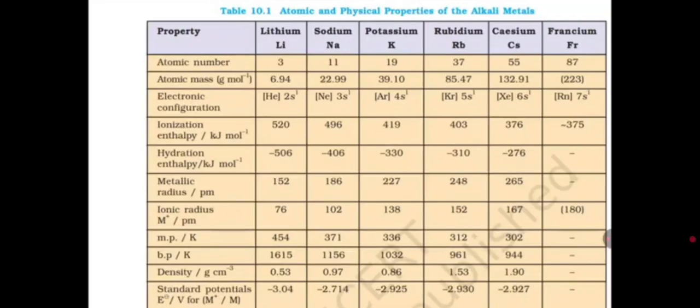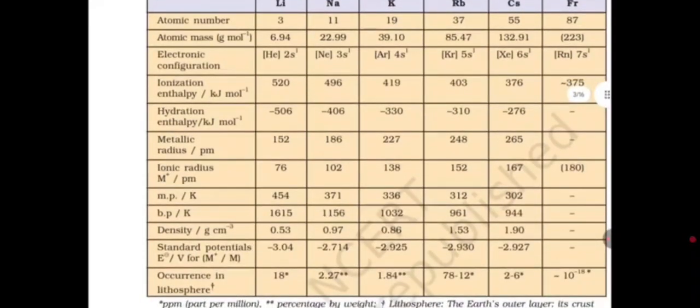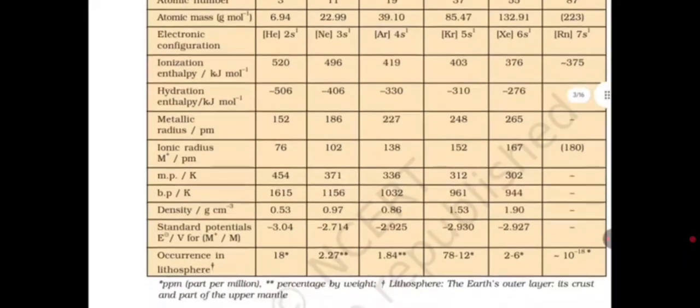If we talk about lithium, its atomic number is 3, atomic mass in gram per mole is 6.94, electronic configuration is helium 2s1, ionization enthalpy in kilojoule per mole is 520, hydration enthalpy in kilojoule per mole is minus 506, metallic radius in picometer is 152, ionic radius in picometer is 76, melting point in Kelvin is 454, boiling point in Kelvin is 1615, density in gram per centimeter cube is 0.53, standard potential is minus 3.04, occurrence in lithosphere is 18, given as ppm, parts per million.